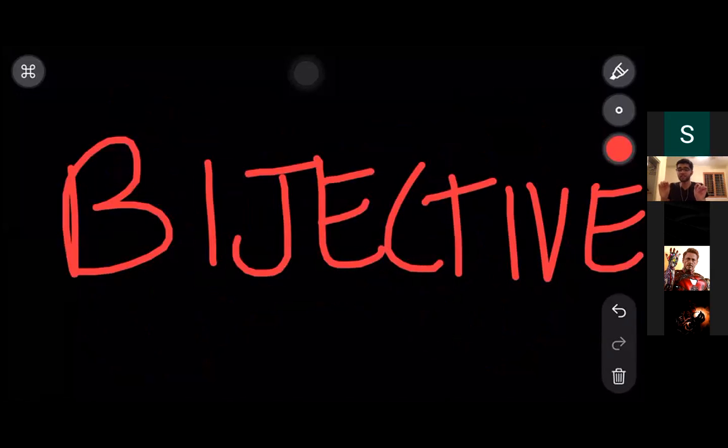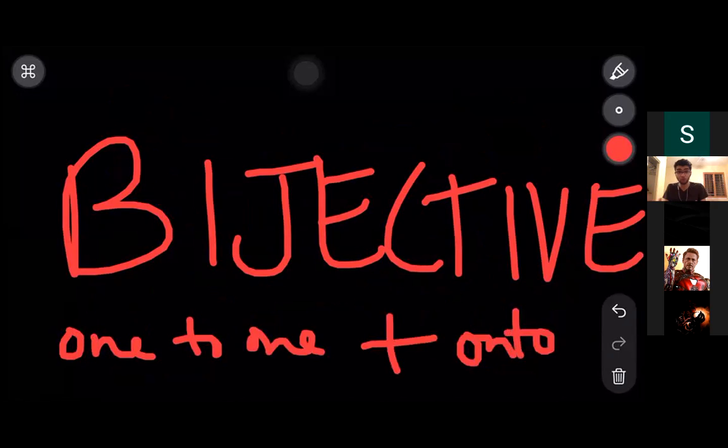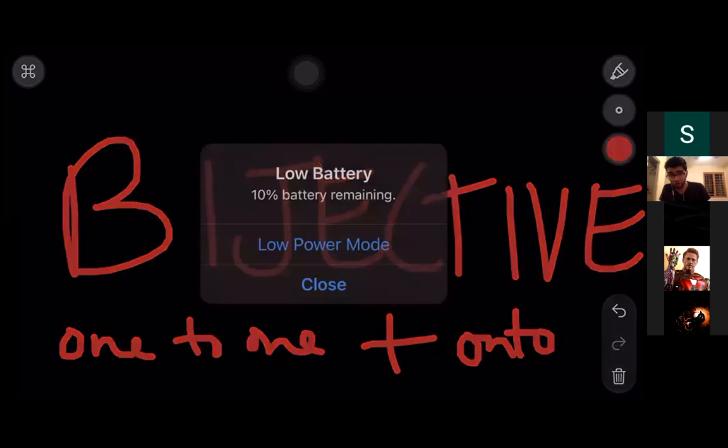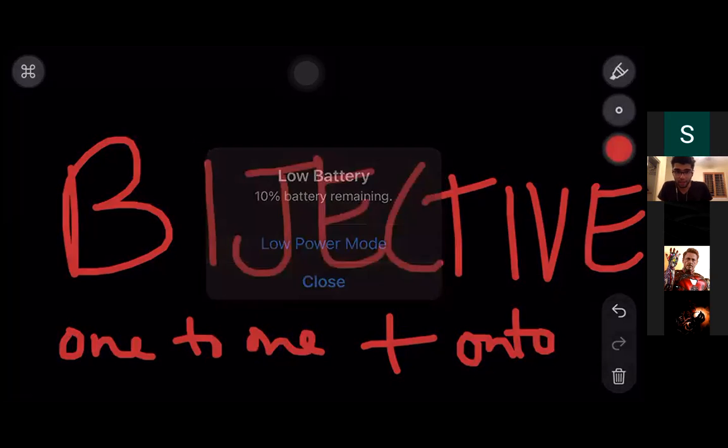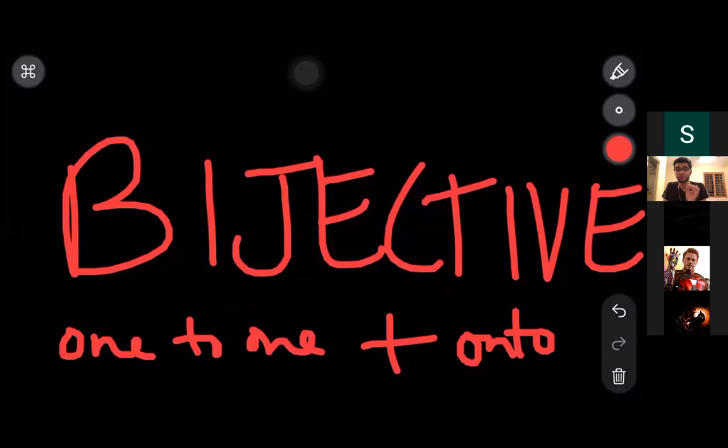A bijective function is one-to-one plus onto. The previous example which I showed you was onto, but not one-to-one, so that is not bijective. The other example was one-to-one, but not onto, so it's not bijective. So for a function to be bijective, it has to be both one-to-one and onto.